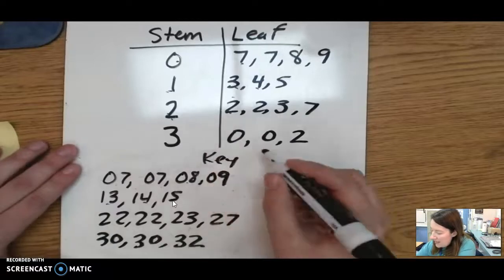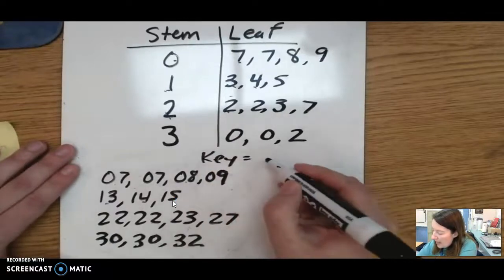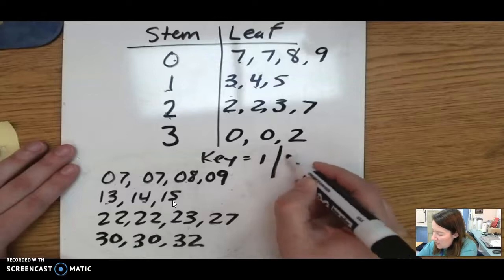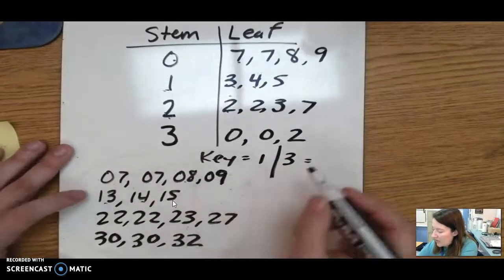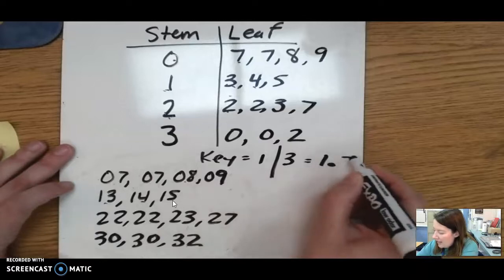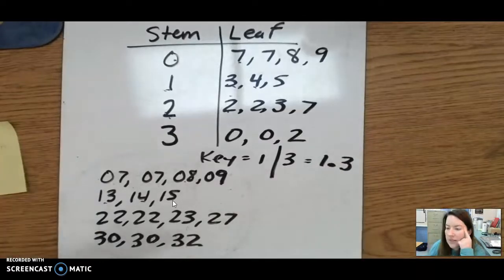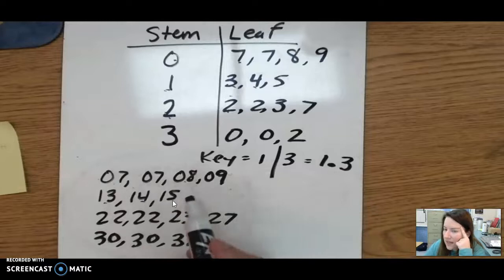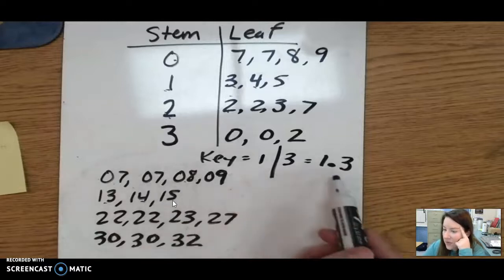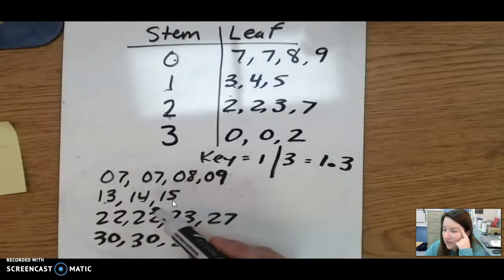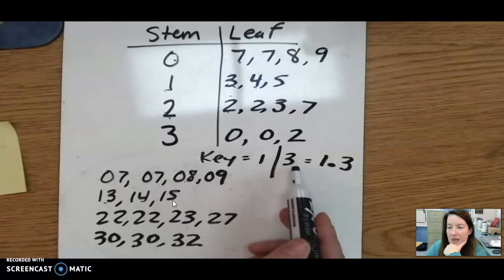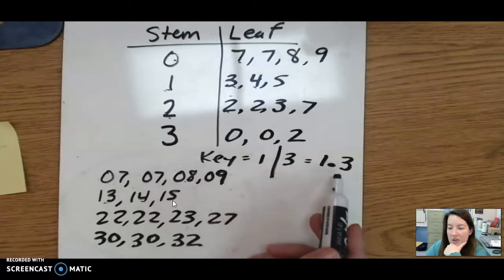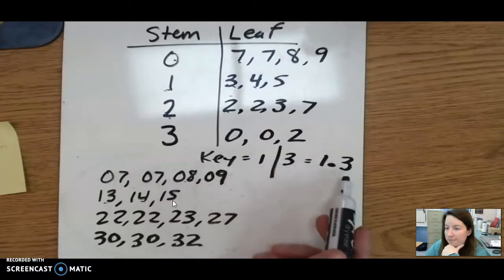The key is going to tell you, actually, if there's say a 1 on this side, the 3 on this side, instead of that equaling 13, it's going to have a decimal point. So all of these, instead of equaling whole numbers like we did for the first one, sometimes they'll have them listed with, hey, a 1 on the stem side, a 3 on the leaf side, that's going to be 1.3.